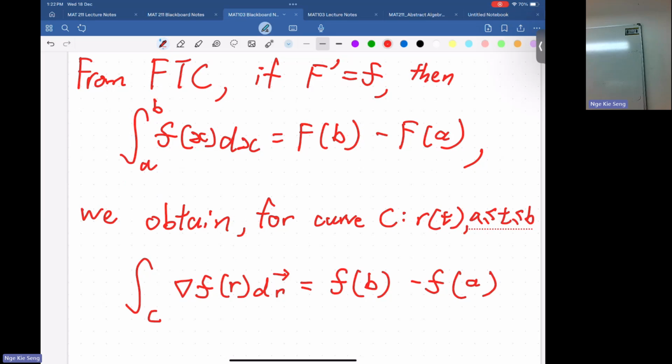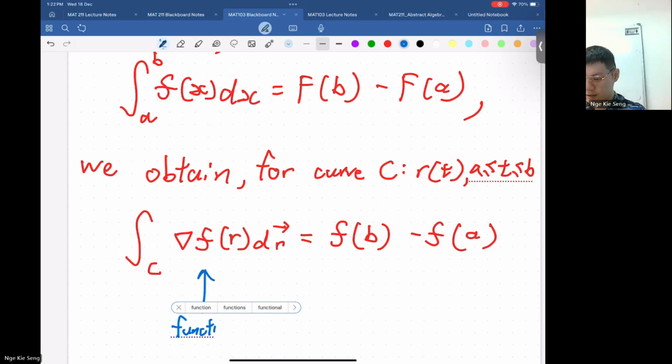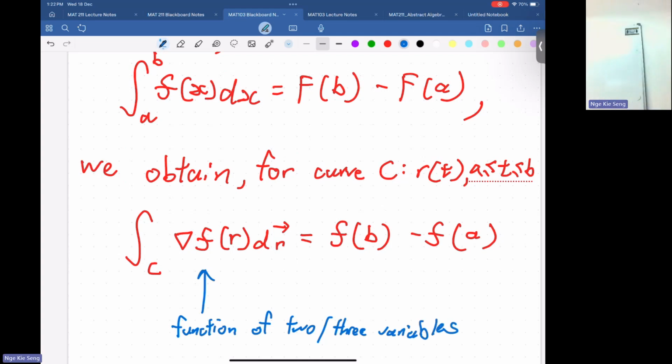F here usually is what function? Multivariable, right? Usually here is a function of 2 or 3 variables. Okay, that's why we have this gradient, right?